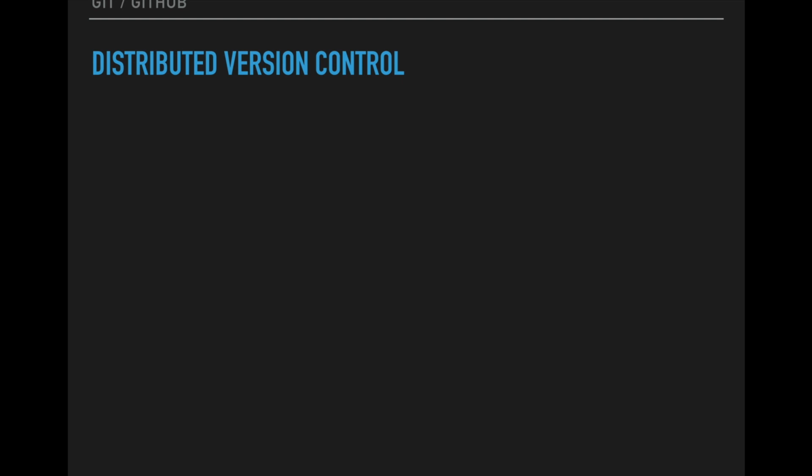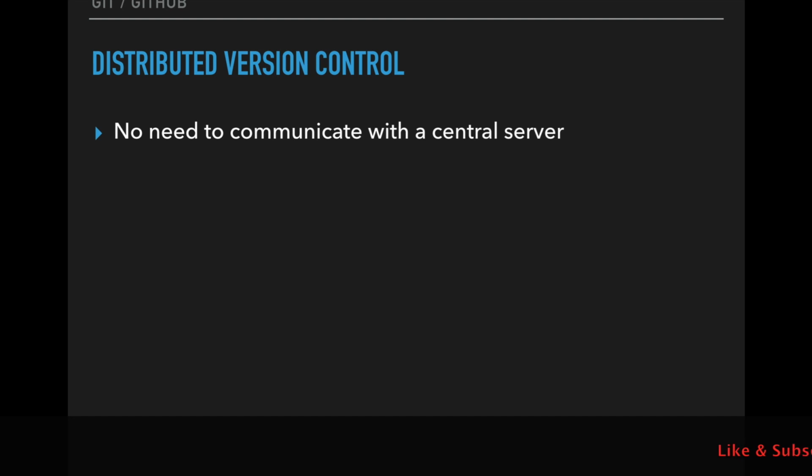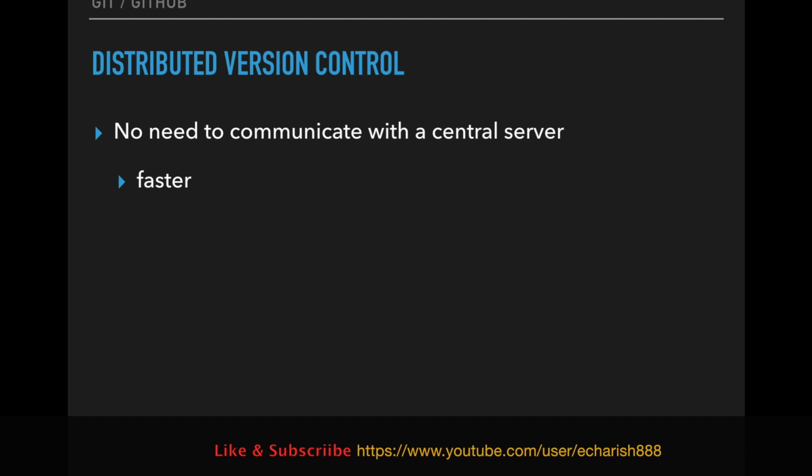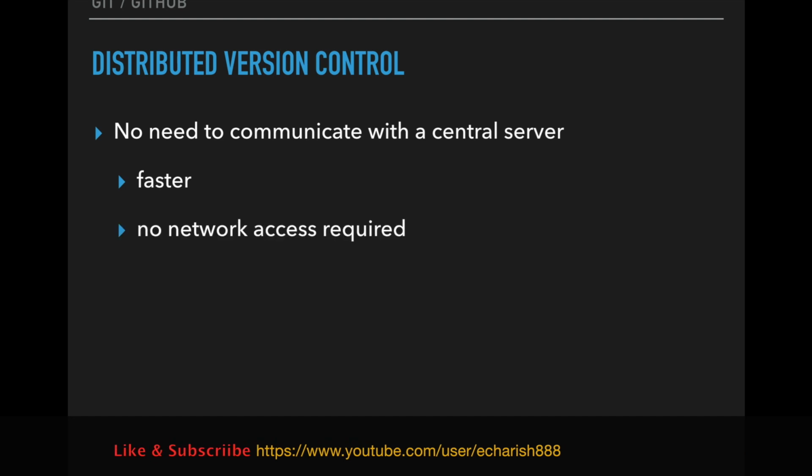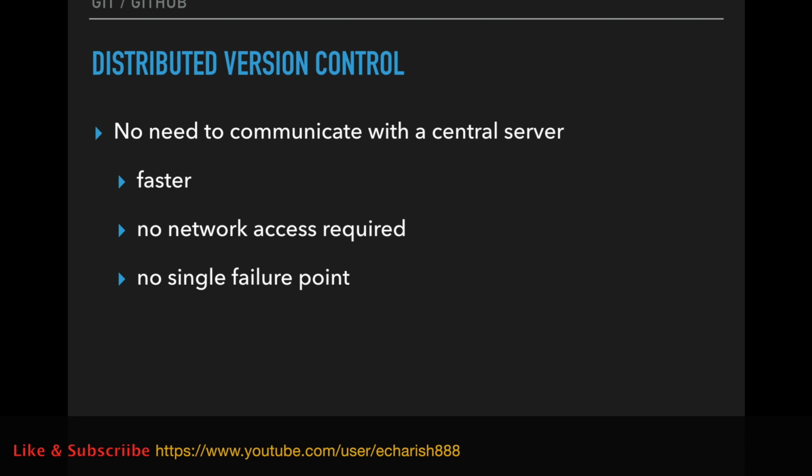Now, because it's distributed, that has a couple of advantages. It means that there is no need to communicate with a central server, which makes things faster, and it means that no network access is required to submit our changes. We can work on an aeroplane, for example, or when we don't have access to internet, which makes it pretty fast. And there is no single point of failure as with SVN or CVS.